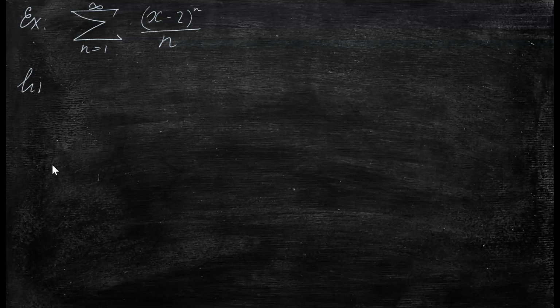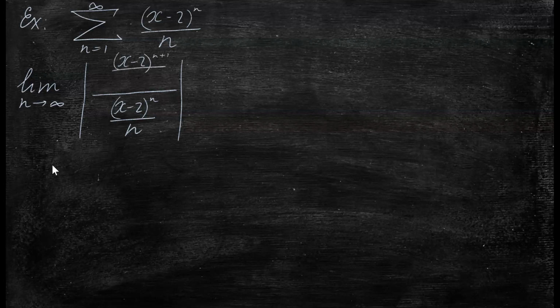So we're going to start by setting up the limit for the ratio test, and we can take out this x minus 2 absolute value out of the limit, and inside of the limit we still have n over n plus 1.